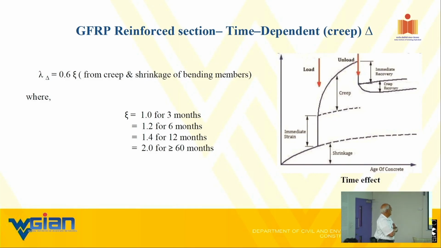If you look at it, time-dependent values for deflection. So what you're going to do is find the coefficient is equal to 1 for 3 months, 1.2 for 6 months, 2.0 for 60 months.